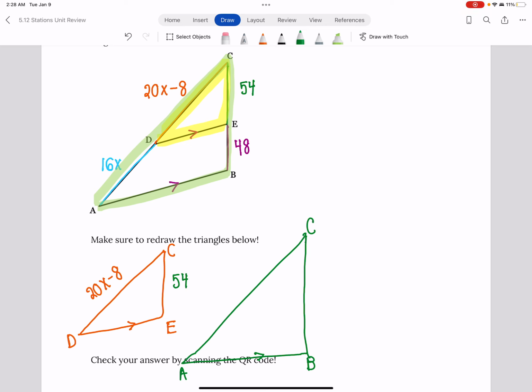And when I am going to mark the length of AC, I'm not just looking at 16x or 20x minus 8. I'm looking at both of them combined. So I'm really adding 16x plus the 20x minus 8.